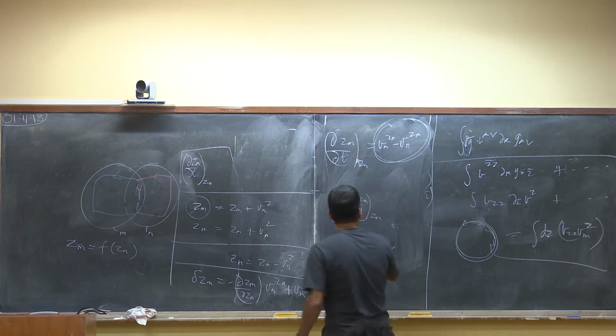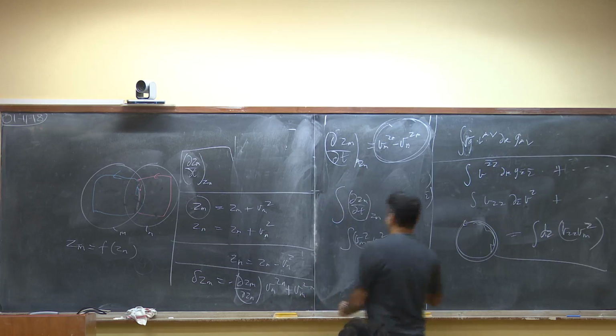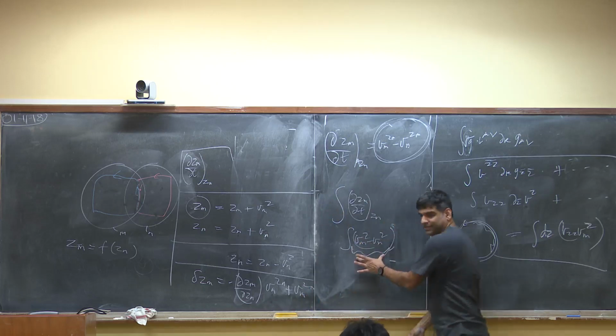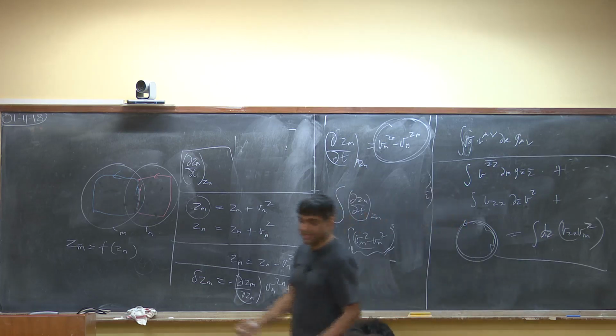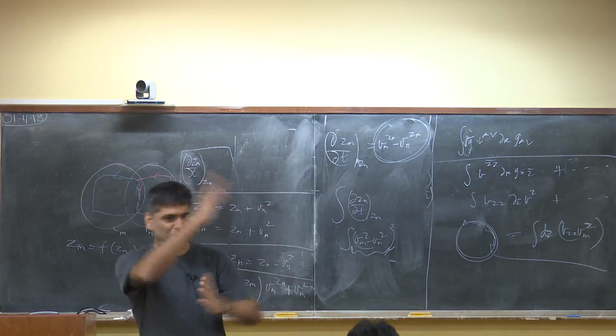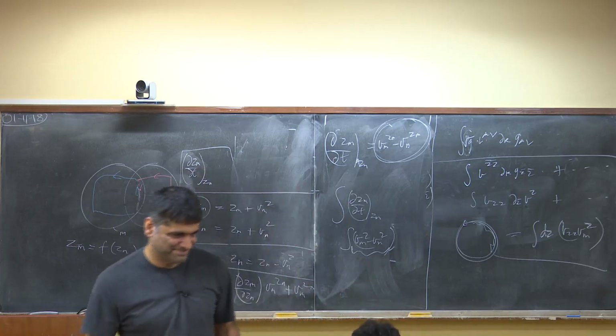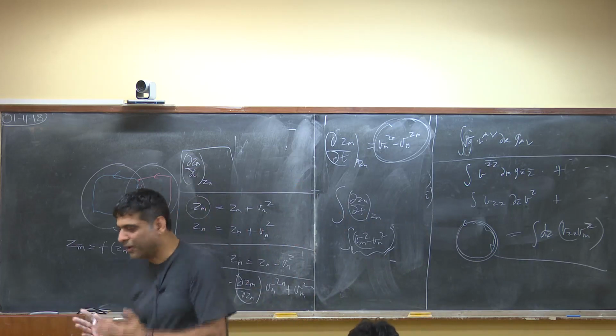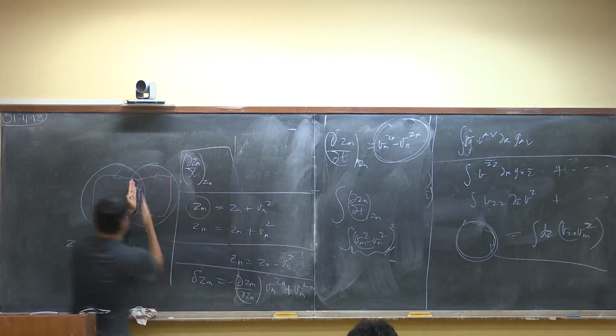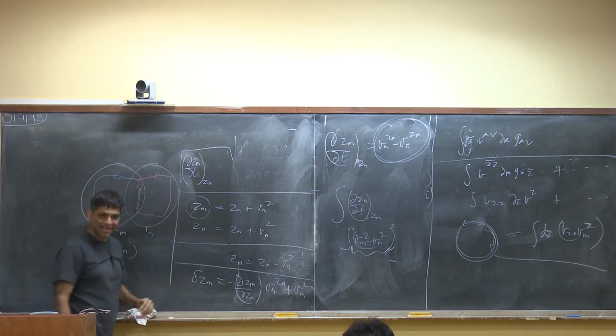It's the integral of Vm(z) minus Vn(z), and the crucial thing is that this is holomorphic. Because it's holomorphic, you can move the contours around as you like. It doesn't matter how much of this you used here and how much you used here.